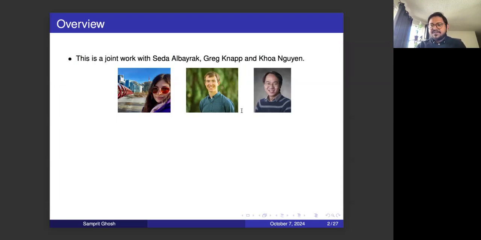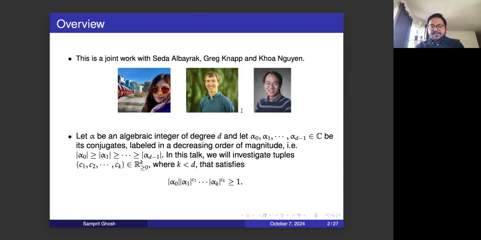Just to give you an overview, in today's talk we will mostly be focusing on this object. Suppose you take an algebraic integer alpha of degree d, and let alpha 0, alpha 1 through alpha d minus 1 be its conjugates.